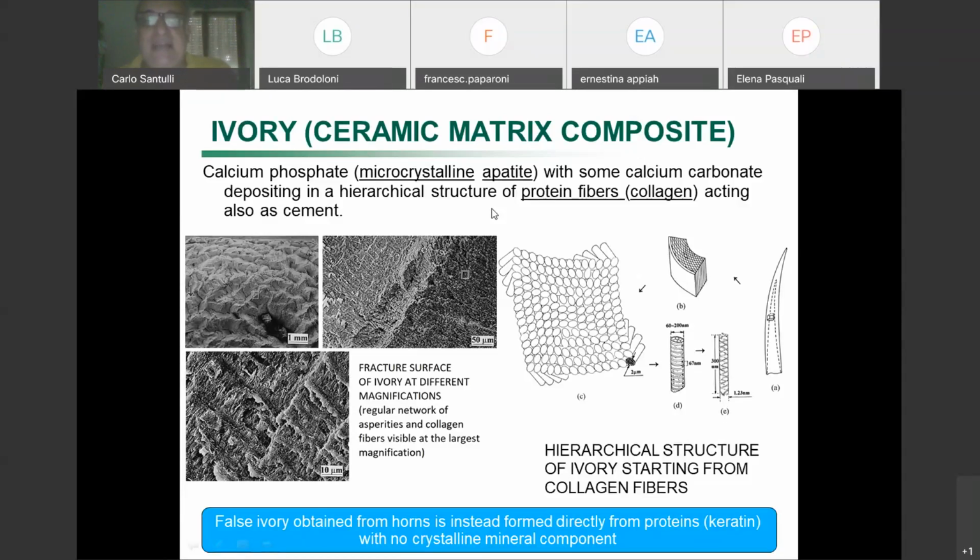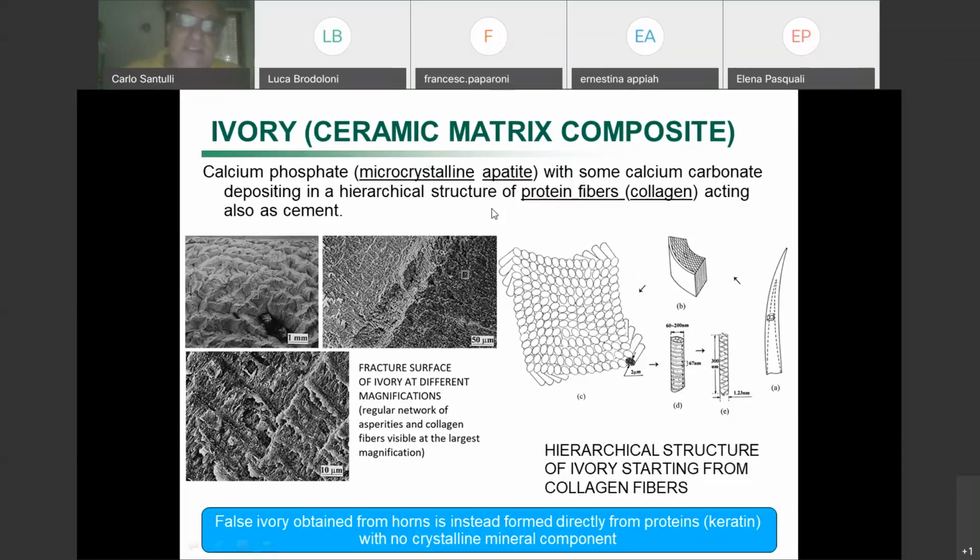So you have a ceramic matrix composite. The matrix, the bulk of the material, is a ceramic, a calcium phosphate. And then you have in between some collagen fibers, which bond and hopefully reinforce. In reality, they reinforce in the case of ivory.